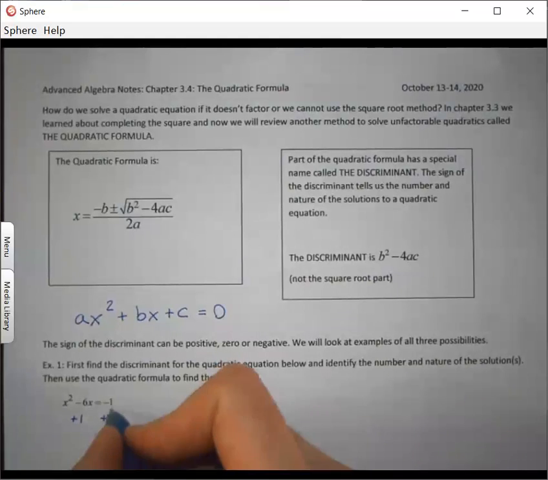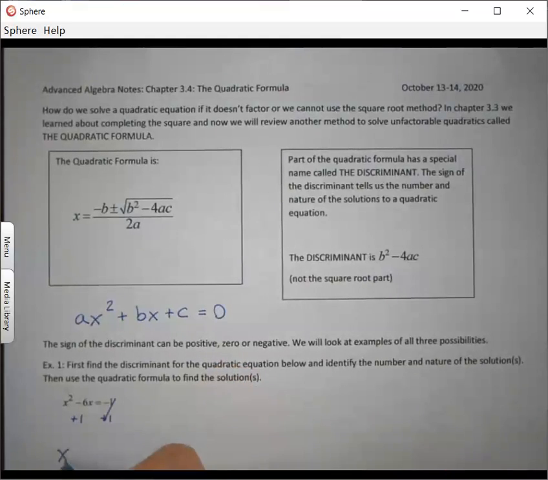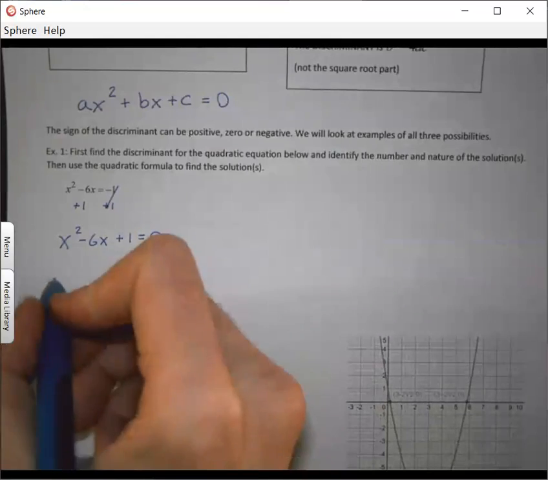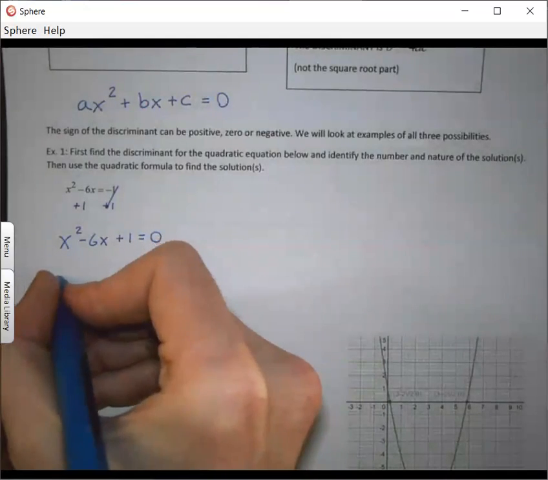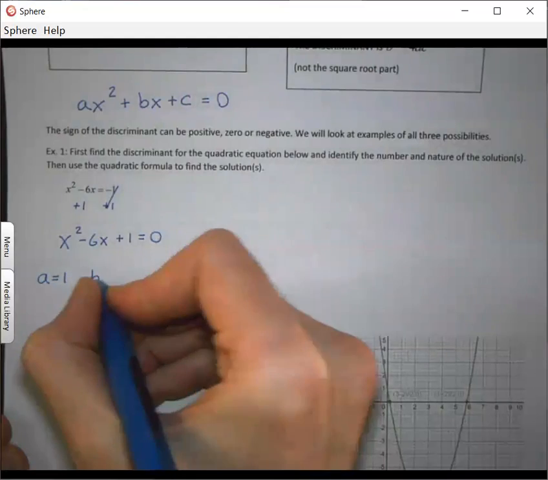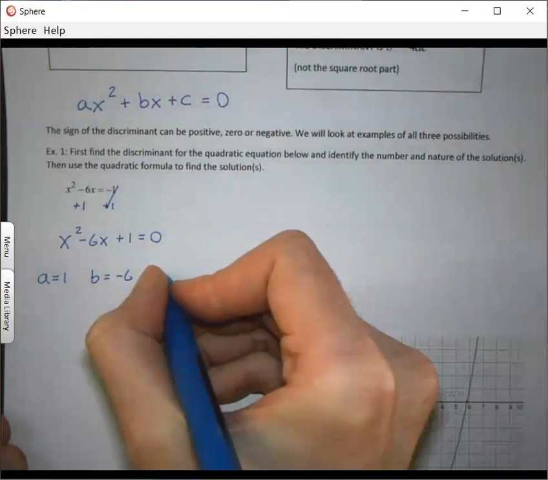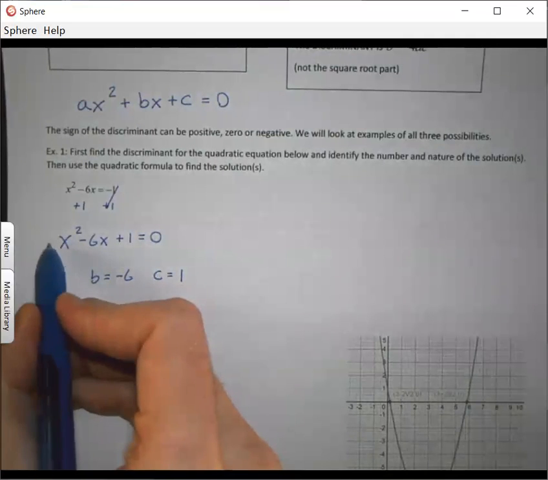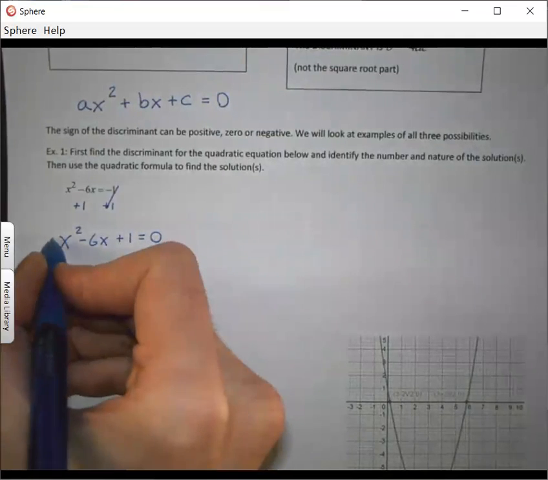So we can add 1 to both sides. So a is 1, b is -6, and c is 1. Remember, when a number is not written in front of a variable, it's considered to be 1.